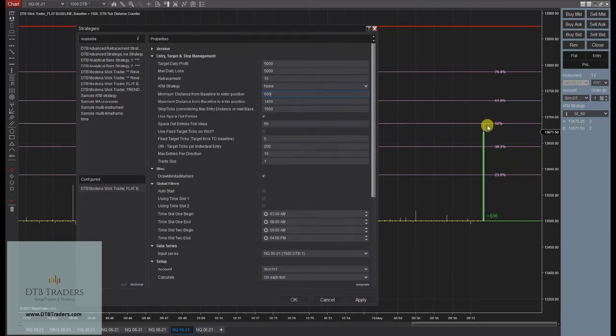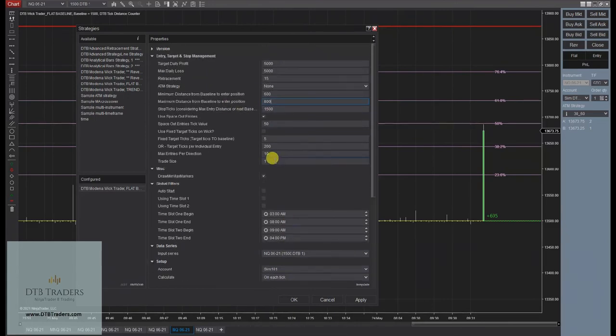If we were looking to trade this chart automated now and traded the price back down to the baseline, this is the type of thing you'll be looking at. And we don't want to enter any trades past the next level, so you can work out what the next level is in ticks. You might do this before you put the settings in, but you don't want to enter any positions past 800 as an example.